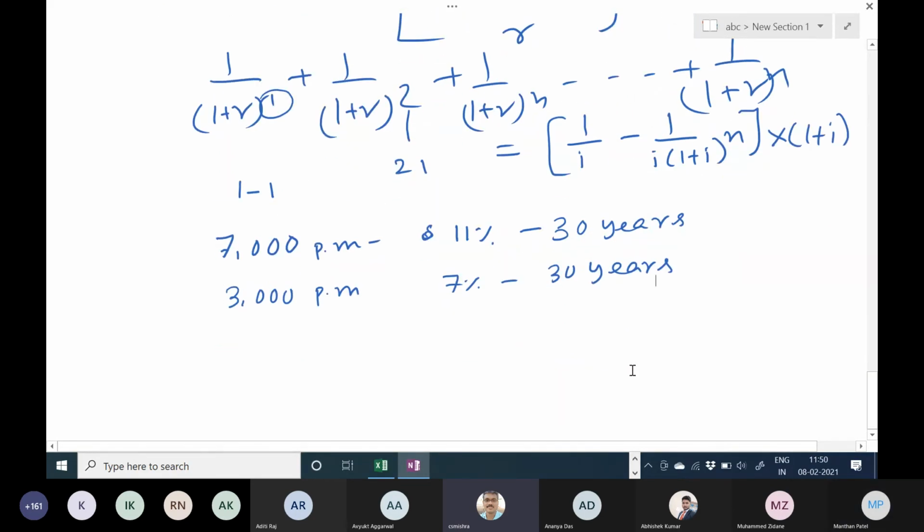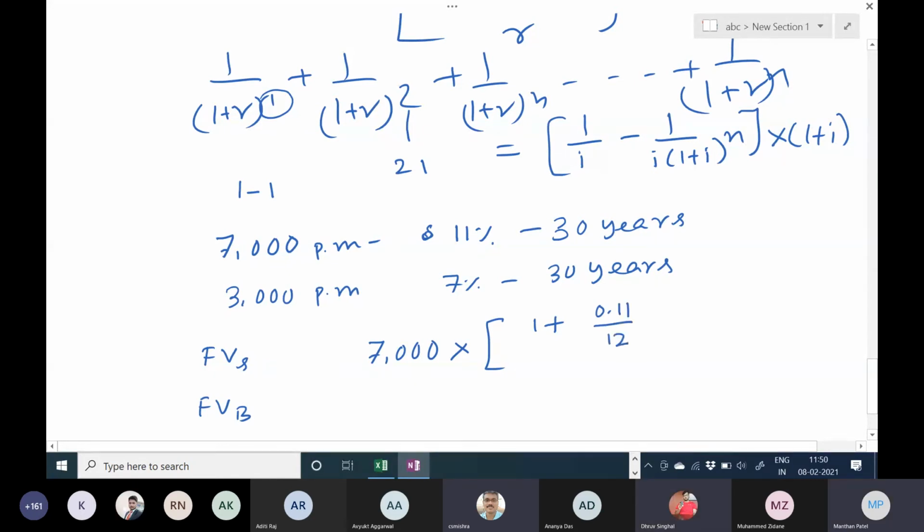So what will be the future value of this? Future value of the stock, future value of the bond. What will that be? 7,000 into 1 plus I, what is I? 0.11, divided by 0.11 divided by 12.